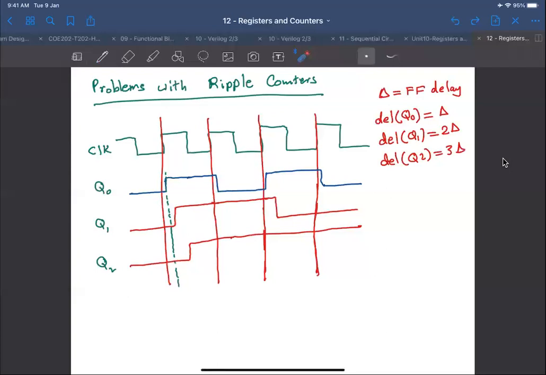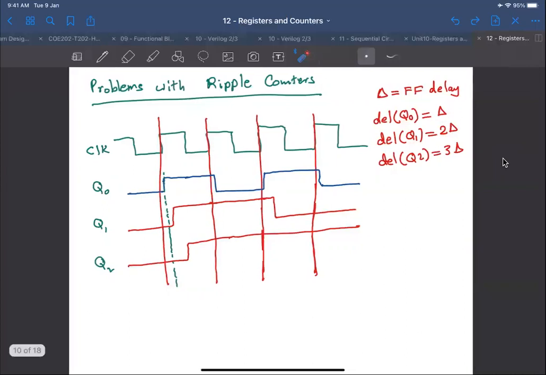So here we said that if the delay of the flip-flop is delta, the delay of Q0 is going to be delta, the delay of Q1 is going to be 2 delta, Q2 is going to be 3 delta, and, for example, Q64 is going to be 63 delta, which is too much.